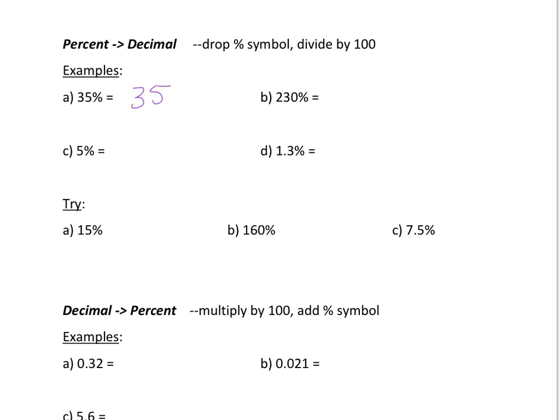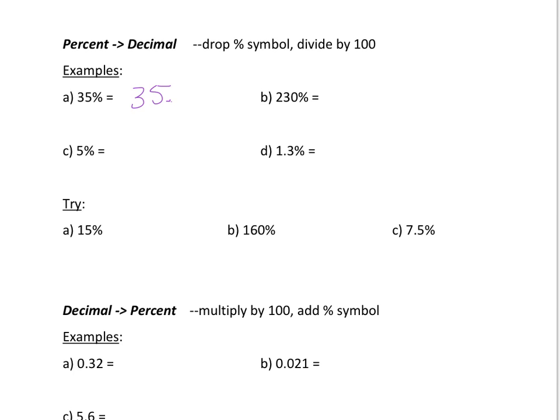But we need to divide by 100. There's a nice quick way of dividing by 100, and that's taking the decimal place from where it was and inserting it 2 places more. So dividing by 100 makes a number smaller, so we move the decimal place to the left. When a number doesn't have a decimal place, it's at the end of the number. So there's my decimal place.